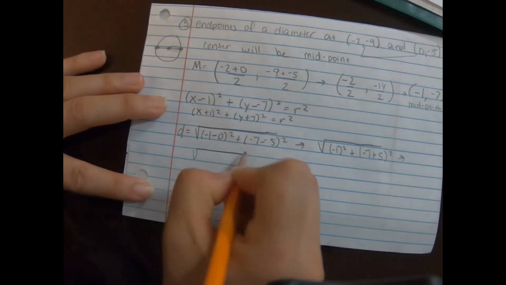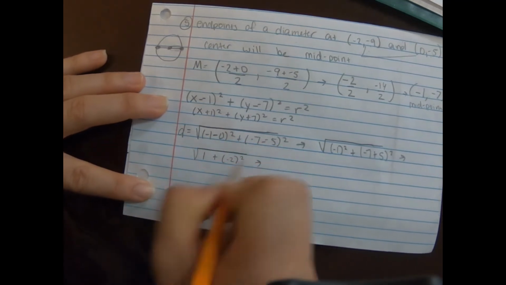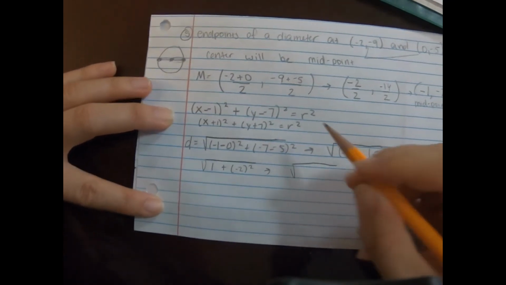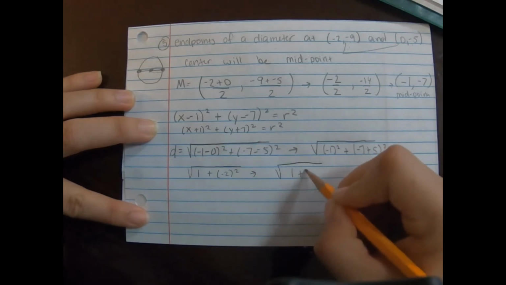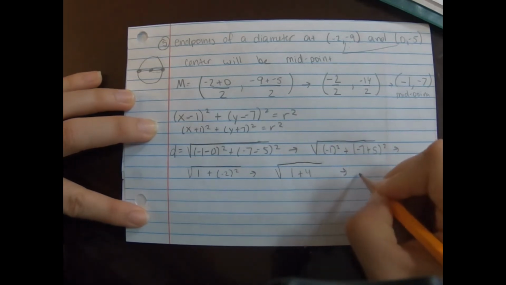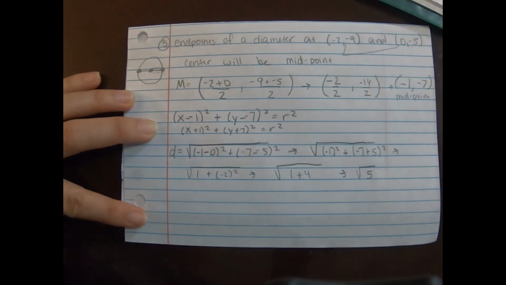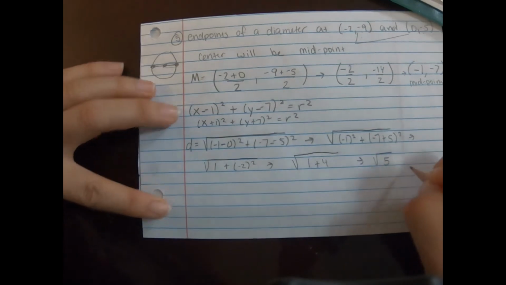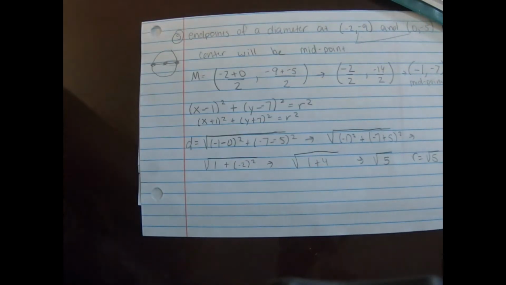It's going to be 1 plus -2 squared. Plus 4, the square root of 5. So r equals the square root of 5.